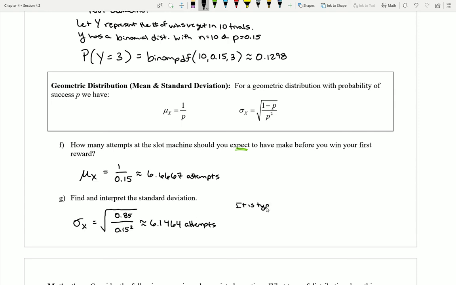It is typical to need between 6.1464 attempts above or below the average of 6.6667 attempts to win our first reward.